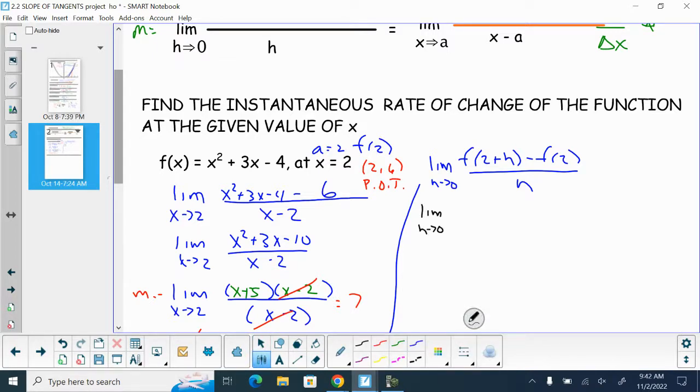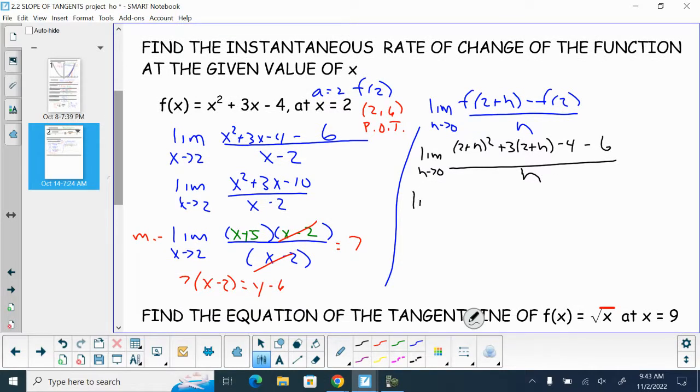Once again, please make sure you carry your limits through. Now what you'll see, the first method, you'll do a lot of factoring, canceling, and subbing. The second method, you'll have a lot of multiplication and expansion, but things will cancel for you.